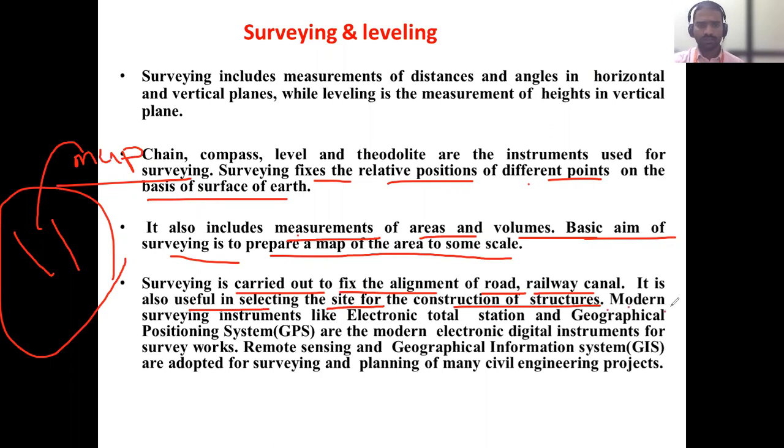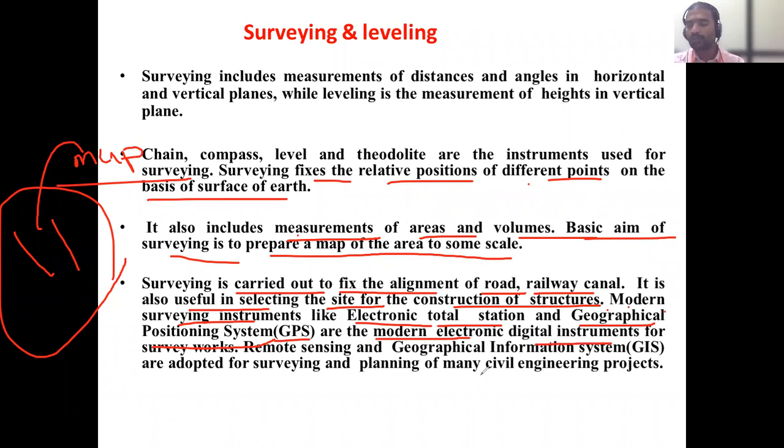Next is modern surveying instruments. सो अभी GIS, GPS है ना, those will come in modern surveying instruments, like electronic total station will also come under modern surveying instruments. Global positioning system GPS and modern electronic digital instruments.